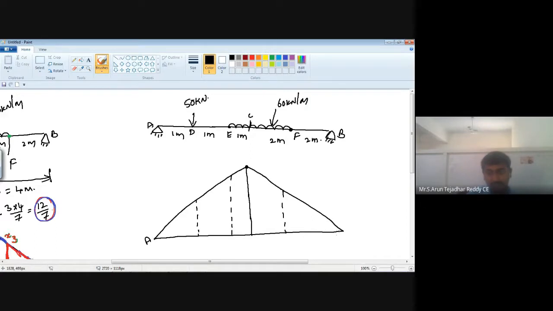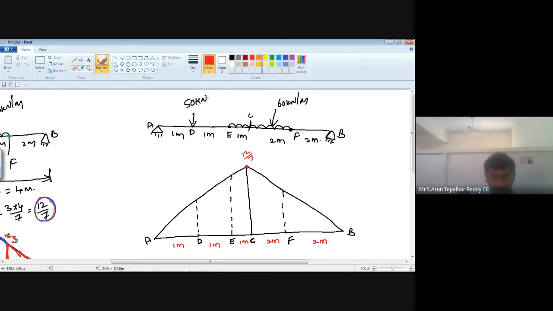Okay, A, B. This is our C. Next, this is our D. This is our E. This is our F. And here we got some value. So this value is, we got 12 by 7. Okay, it is 1 meter, it is 1 meter, it is 1 meter, it is 2 meter, it is 2 meter.